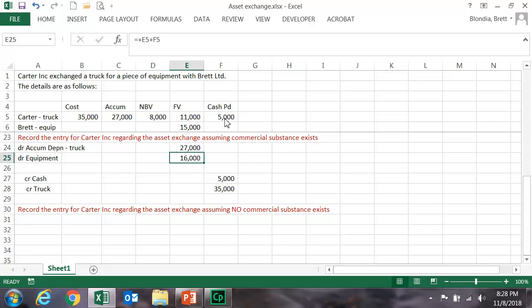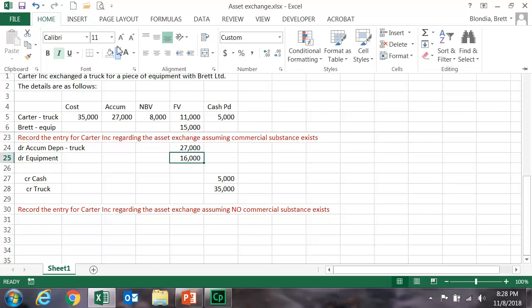Now the fair value method says, hey, set up that new equipment at the fair value of what you gave up, which is $16K. But once again, before you move on, we have an overriding rule that says you cannot debit equipment at an amount that exceeds its own fair value, right?